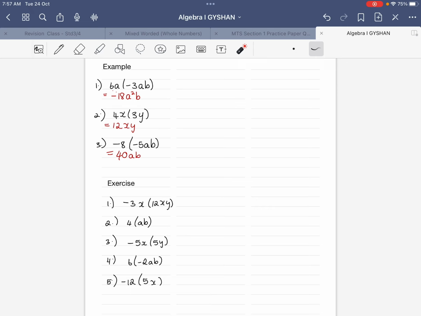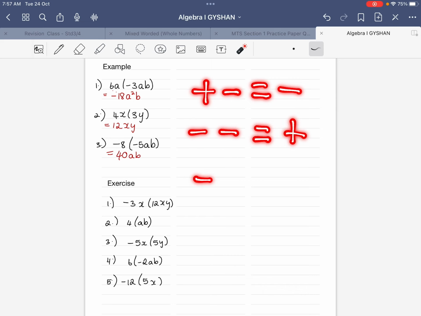So make sure you know all your rules. A positive number by a negative number is equal to a negative number. A negative number multiplied by a negative number is equal to a positive number. A negative number multiplied by a positive number is equal to a negative number.